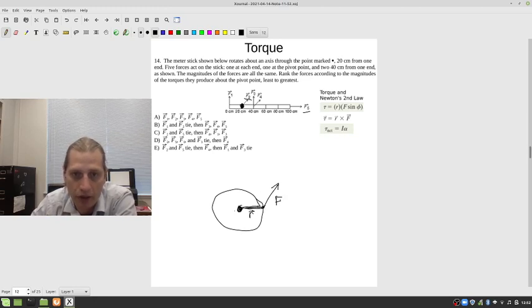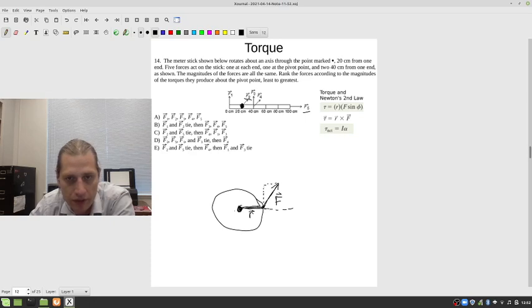And you're applying a force, all right? In this particular case, only the part of the force that's perpendicular to that R is going to apply.